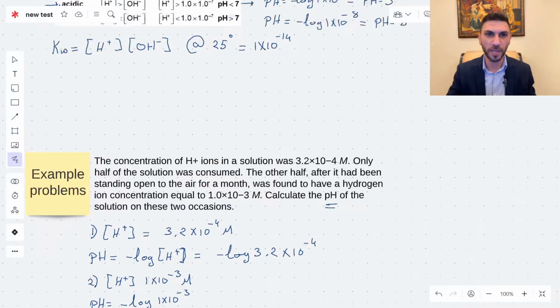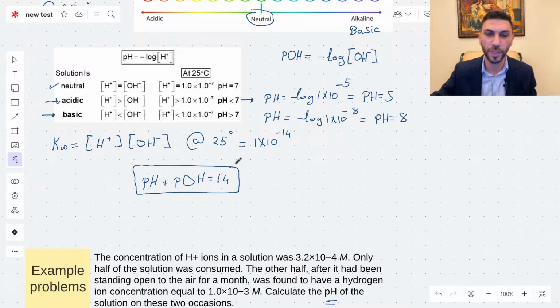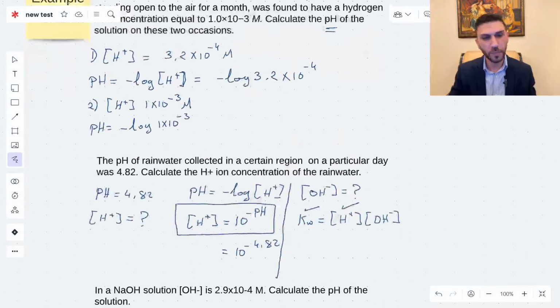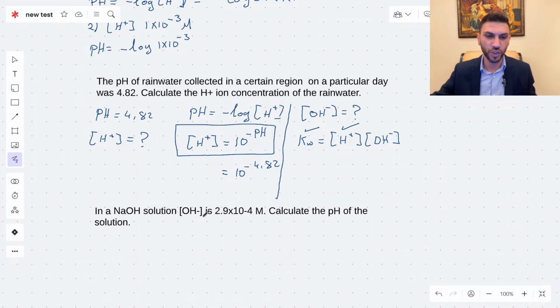Also, I'm going to add the last equation that we need to use: pH plus pOH always equals 14. So in the problems, when you have, for example, the pH, and they are asking you about the pOH, you can find it directly from this equation. Okay, last question. In an NaOH solution, OH negative is 2.9 times 10 to the power of negative 4 molar.